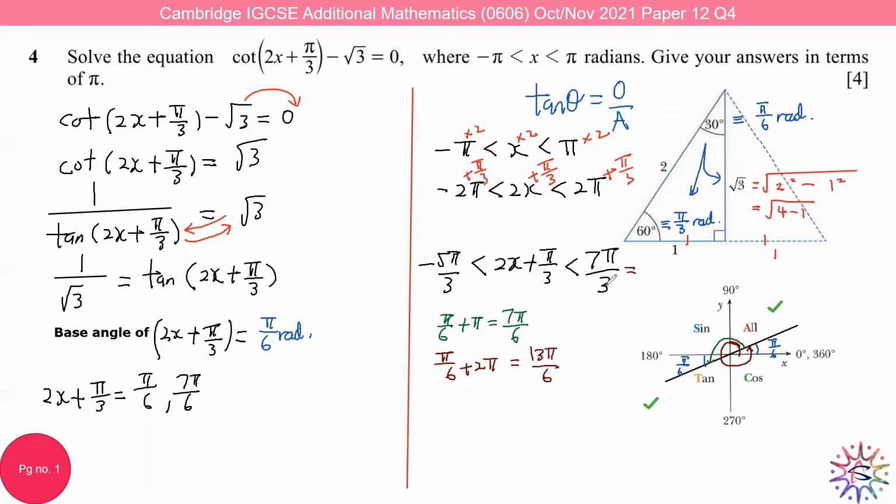So if you multiply 7 pi over 3 by 2 for the top and bottom, we get the denominator of 6, and that is 14 pi over 6. So this angle 13 pi over 6 is actually within the range. So 13 pi over 6 will be possible.